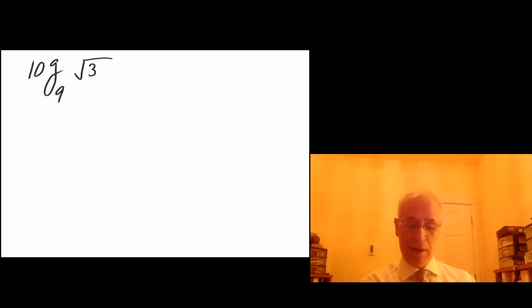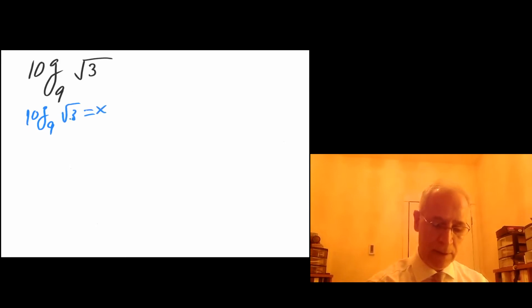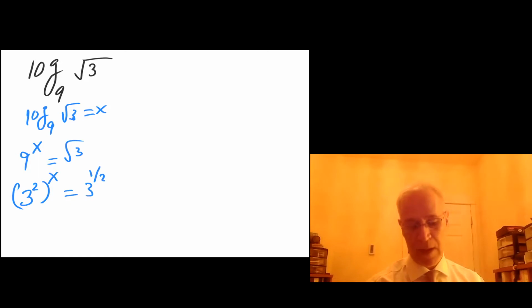Okay, so I can now say that log base 9 of root 3 equals x. And so 9 to the power of x equals root 3. So 3 squared to the power of x equals 3 to the 1 half. And 3 to the 2x equals 3 to the 1 half.